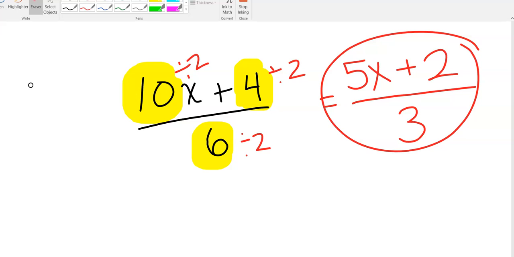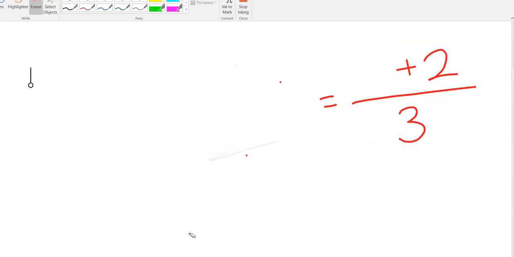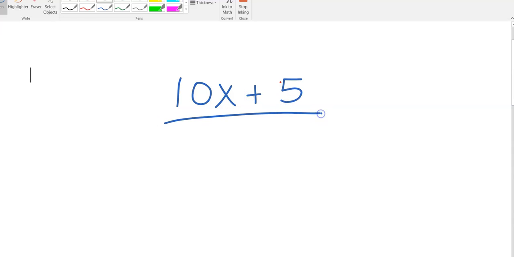Okay. Now we're also going to have things where they don't all three have something in common. So all three parts may not have something in common. For example, I might have 10x plus 5, and then in my denominator I had something like 2. Those don't all three have something in common. 2 doesn't go into every single one of those terms.